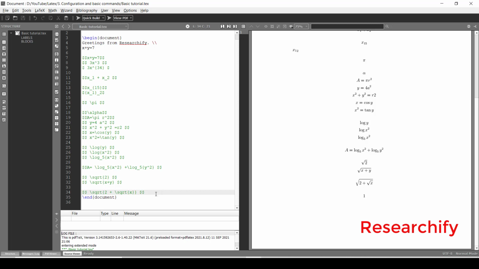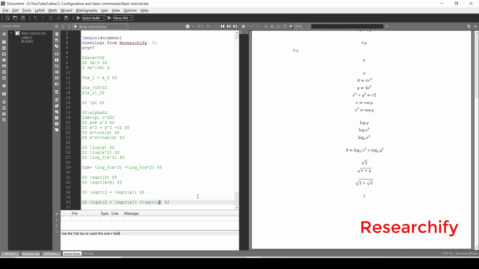Now we can write one more example. Let us see. Just paste here. You can also write plus backslash sqrt y.